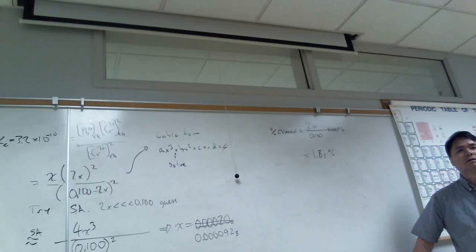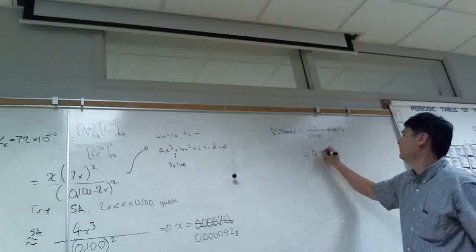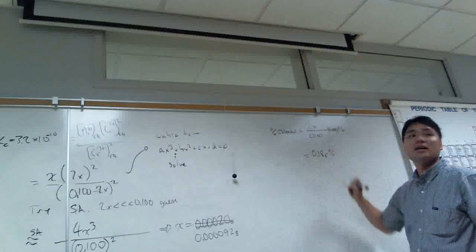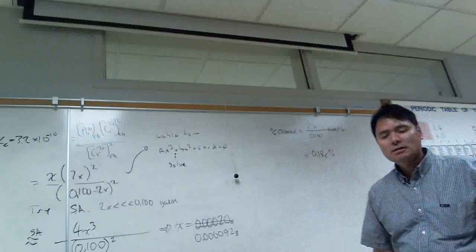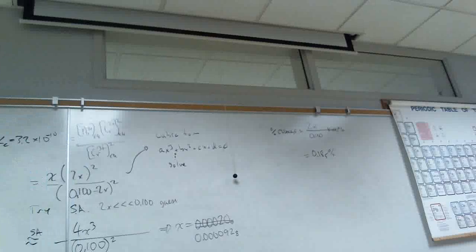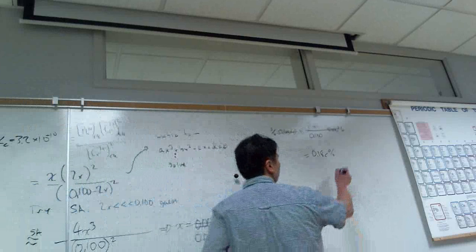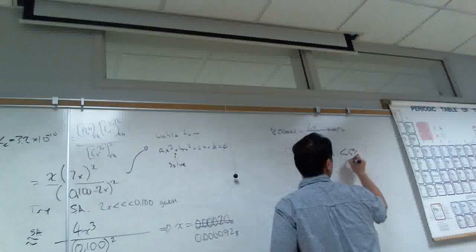I got 0.18, that sounds better. Yeah, 0.185%. And so what do you think? Is the simplifying assumption going to work better this time? Yeah. I think it's going to work a lot better because it's a lot less than 1% change. And so are we okay? Yeah, this is less than 5%, so it's justified.